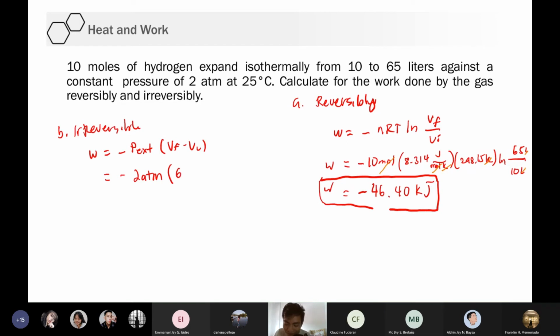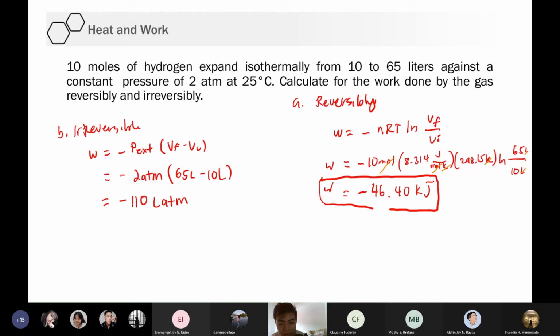So 65 liters minus 10 liters. So the work here is negative 2 times 65 minus 10. Negative 110 liter atm.